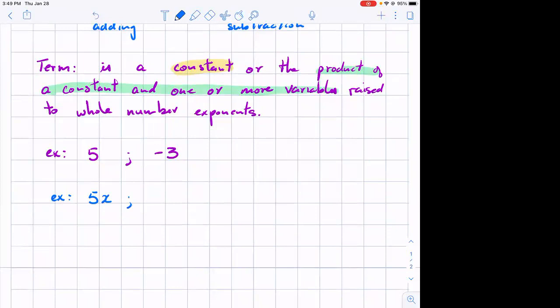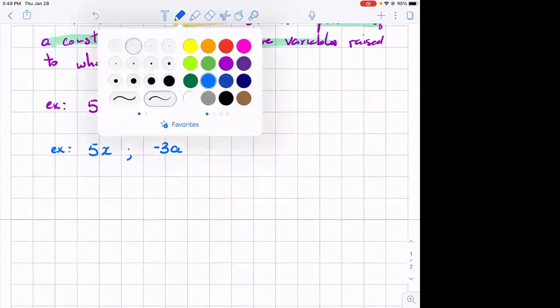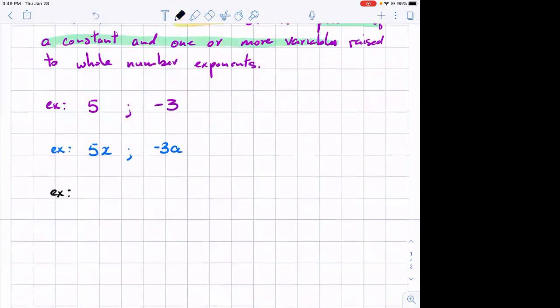Or we can have minus 3a. Or we can continue and say, well, we even have 2, the constant, the variable, and some exponent, 3.